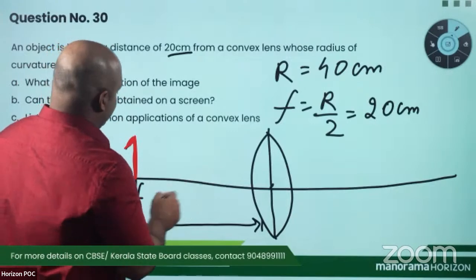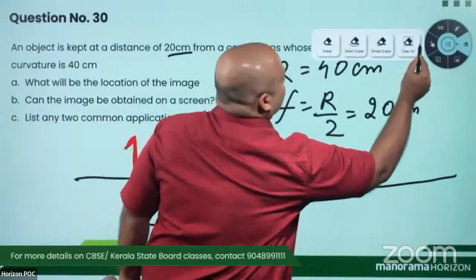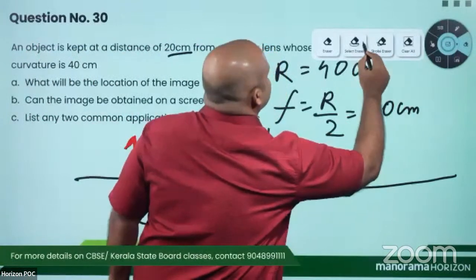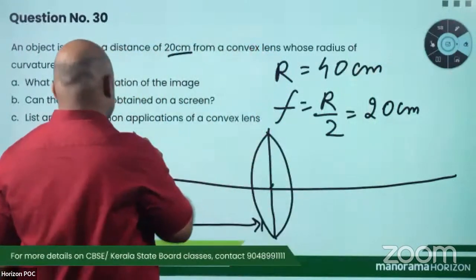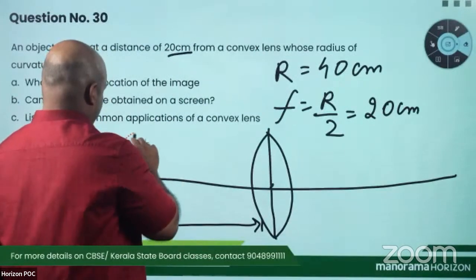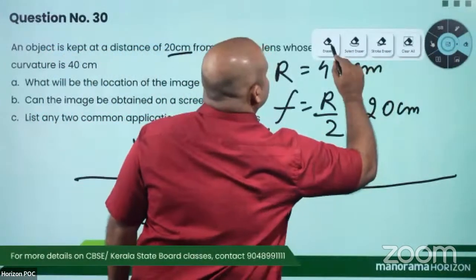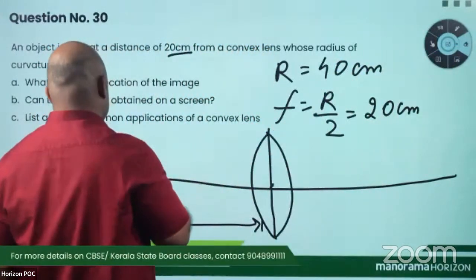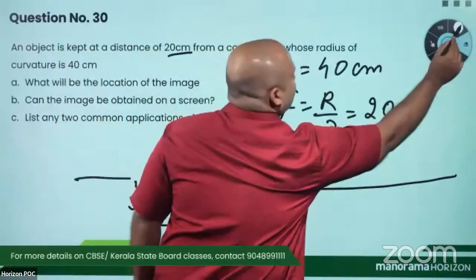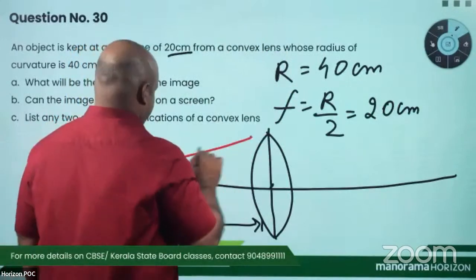If we were to consider this to be a point object, it would be sending out rays.